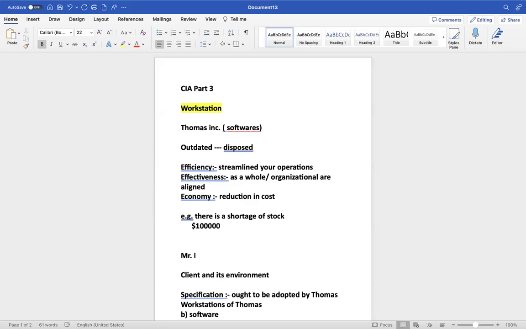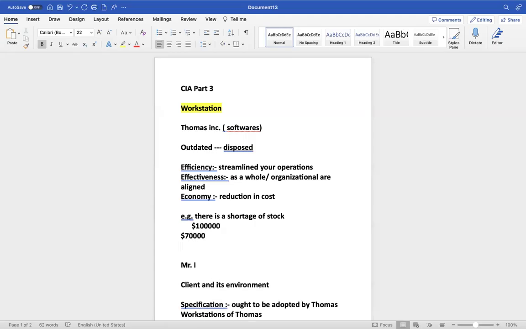So if a separate person is appointed to carry out the operation just to avoid the shortage of stock, let's say the salary of that particular person amounts to $70,000, right? Still, is this hiring referred to as the economy kind of terminology? Does it fall under that perspective? The answer is yes.